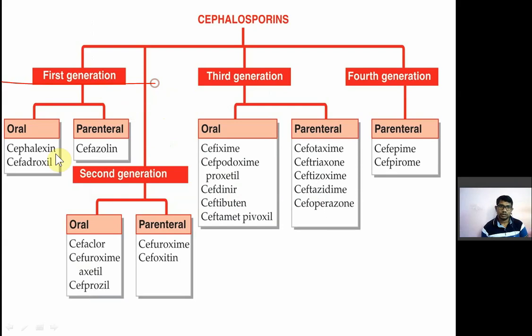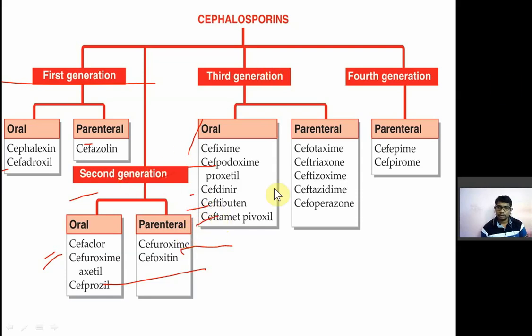Remember, first generation cephalosporins, cephalexin and cefadroxil, are oral. Cefazolin is parenteral. Second generation oral includes cefaclor, cefuroxime axetil, and cefprozil. Parenteral includes cefuroxime and cefoxitin. Now in third generation, in oral you will have cefixime, cefpodoxime proxetil, cefdinir, ceftibuten, and cefditoren pivoxil.